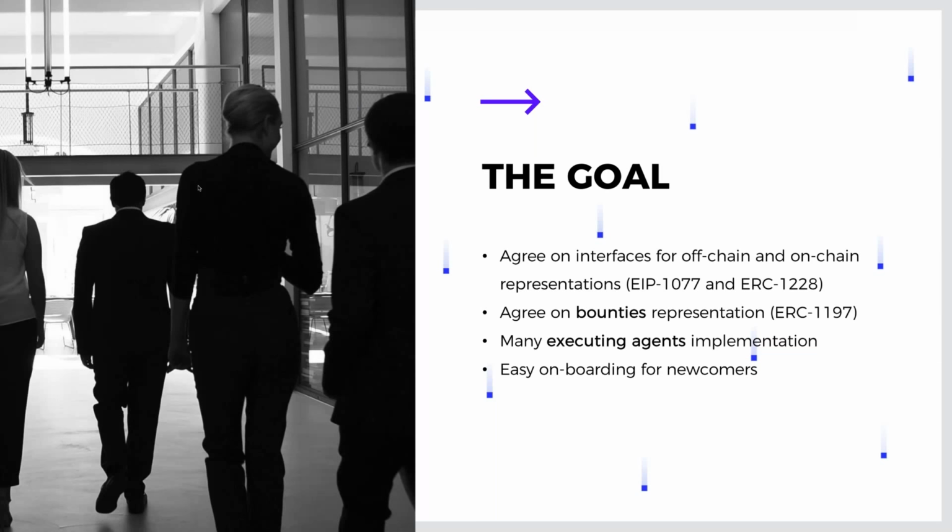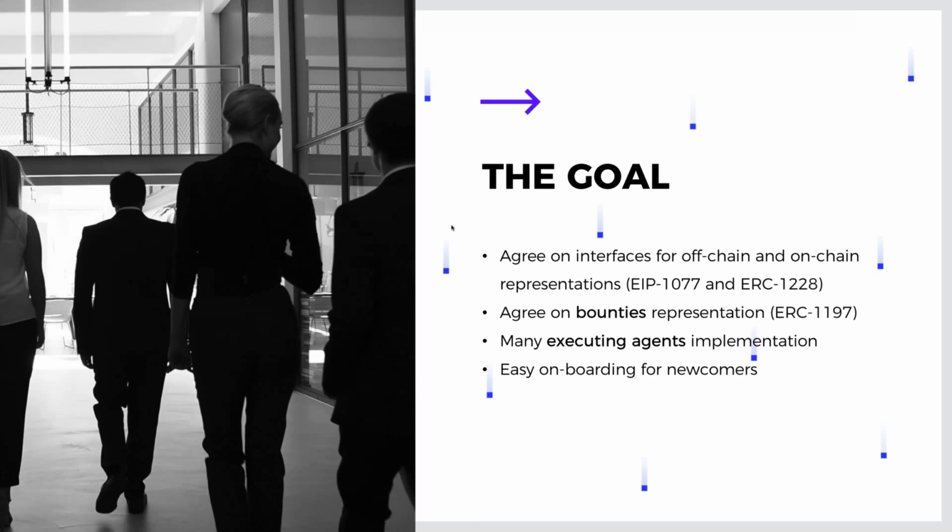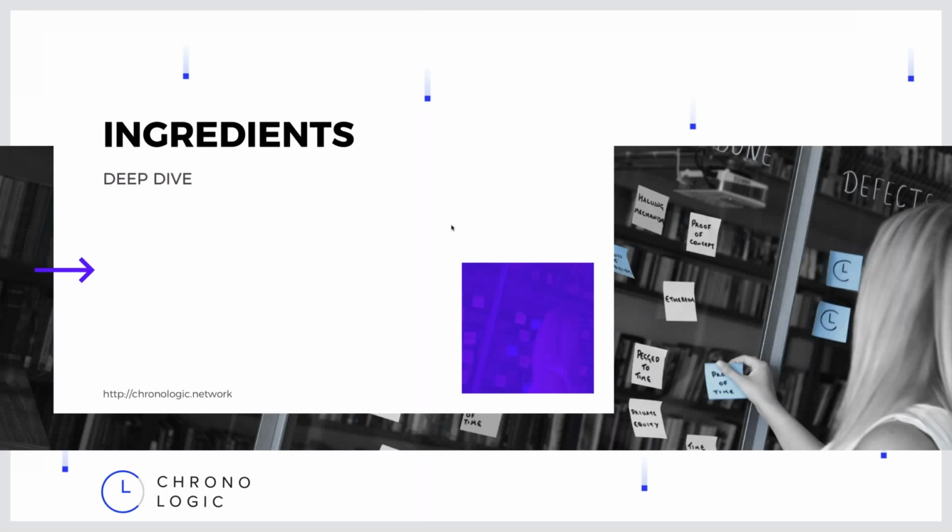Also very important is the problem of bounty representation. There are multiple assets on the Ethereum network, so this should be very easy for people to choose. And if we want to improve decentralization, we should have many executing agent implementations. Also, as I mentioned before, easy onboarding for newcomers.